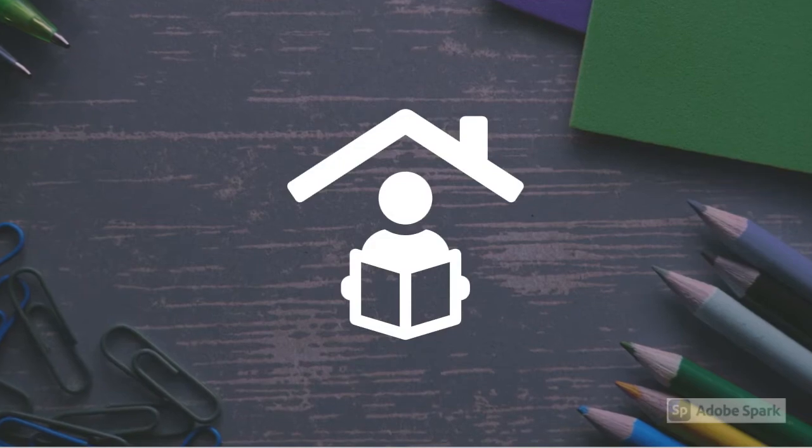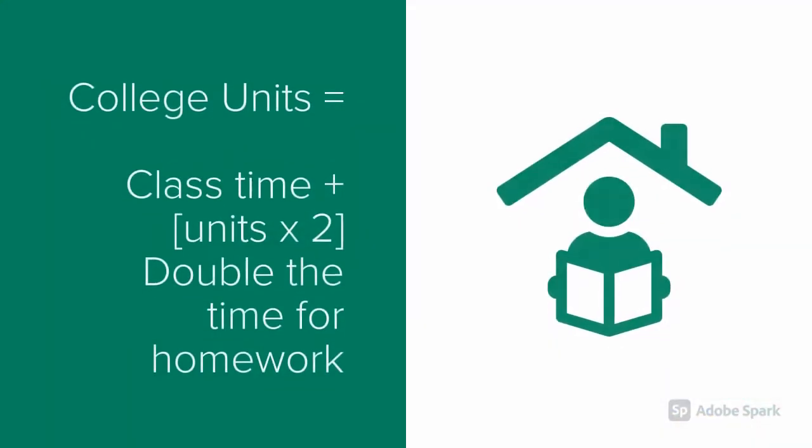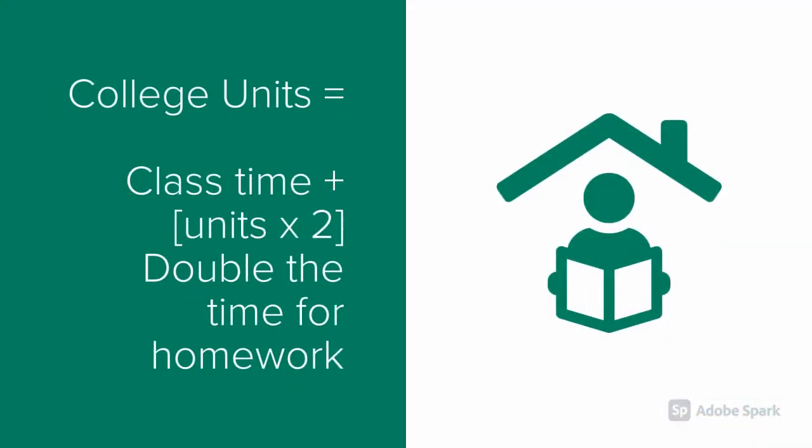But what about homework? Yes, homework is also important. College units is class time and double time for homework. So for example, 1 college unit means 1 hour of class a week plus 2 hours of homework every week.